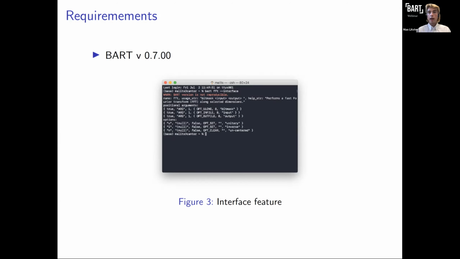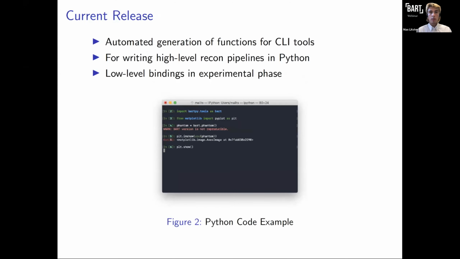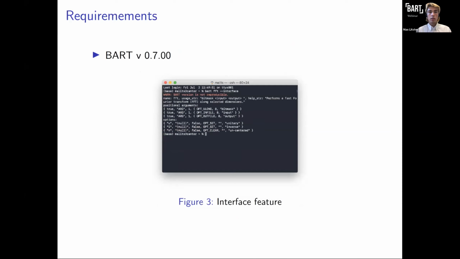Thanks, Mickey. Yeah, absolutely. So a big part of these bindings and this command line tool function signature generation, as Mickey said, is automation. The command line tools are generated using this new interface flag available as of BART version 0.7. And some of the low-level bindings are created with SWIG, Simplified Wrapper Interface Generator, if anyone's familiar.